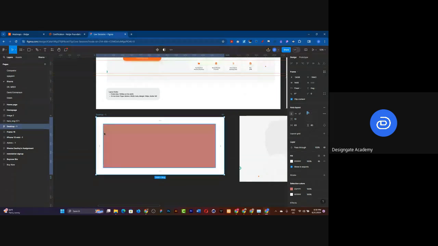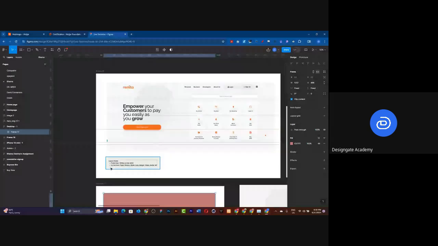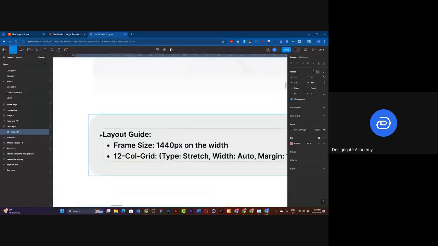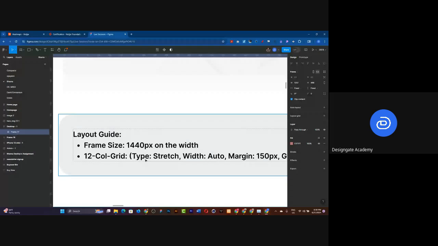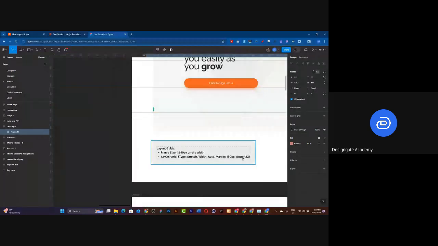So I don't know why people left this. I even wrote it here. I said layout guide, frame size 1440 on the width, 12 column grid, type stretch, width auto, margin 150, gutter 32. So I don't know what people are doing.